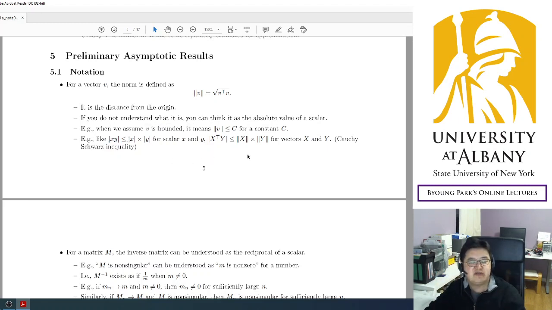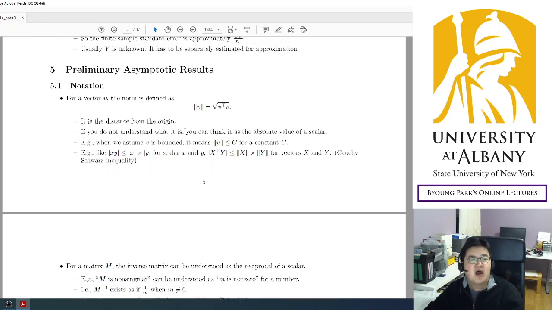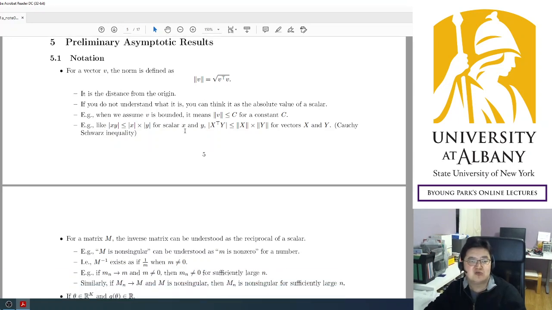The Cauchy-Schwarz inequality has many variants and many possible interpretations in many different fields, so I recommend you search for Cauchy-Schwarz inequality on Wikipedia. Then you can find some applications and examples. It is also commonly used in statistics and econometrics.